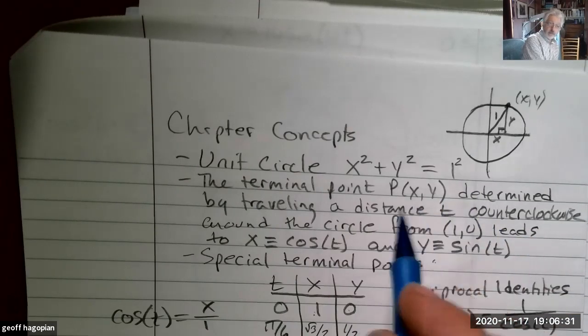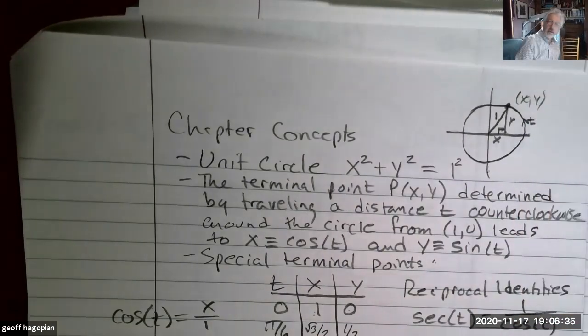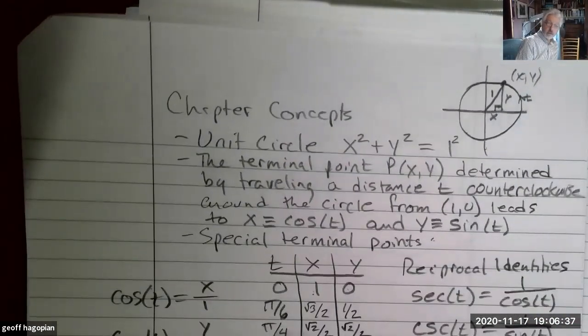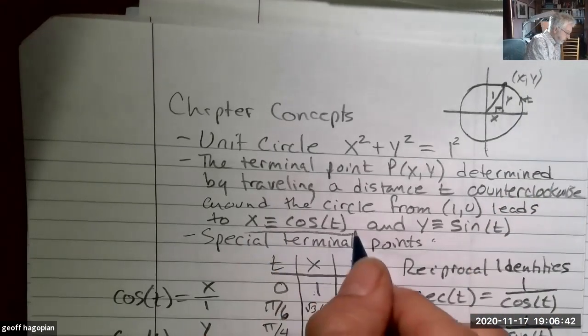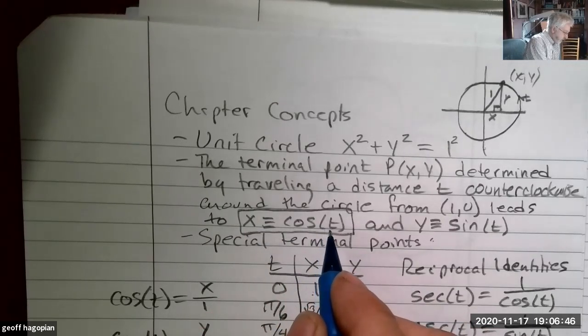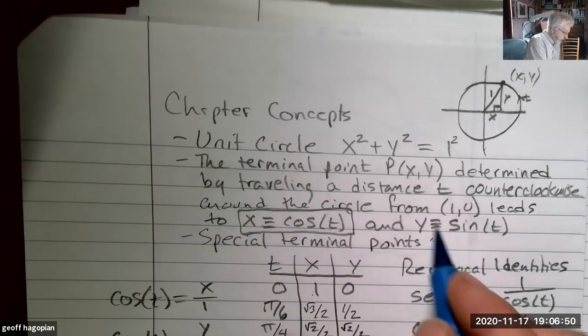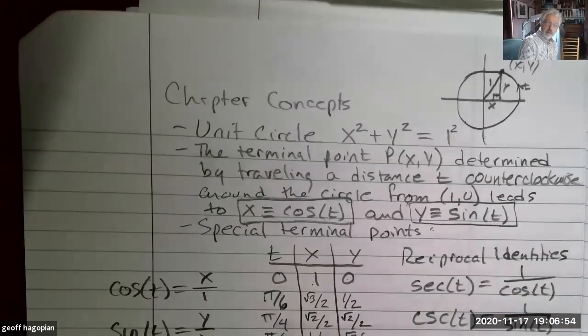And so the terminal point is determined by traveling distance t counterclockwise around the circle and arriving at a point where x is defined to be the cosine function. The distance t you travel determines both an x and a y. Those are functions of t, and we give them names, right?